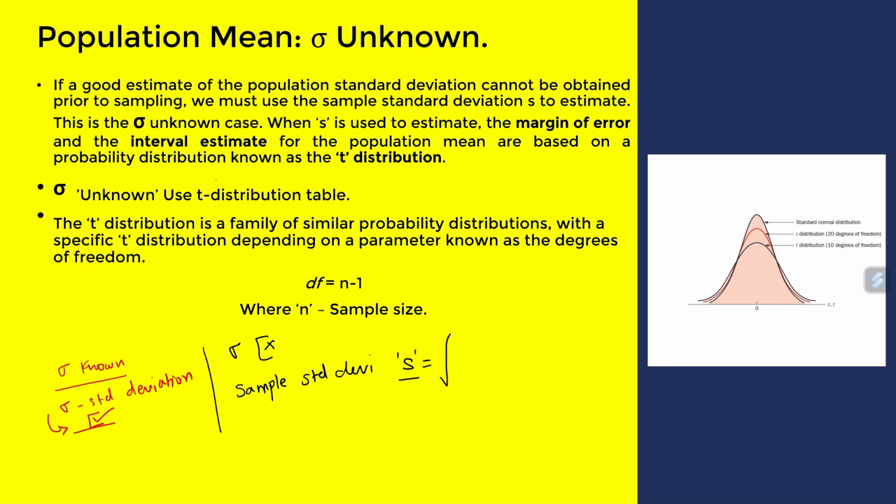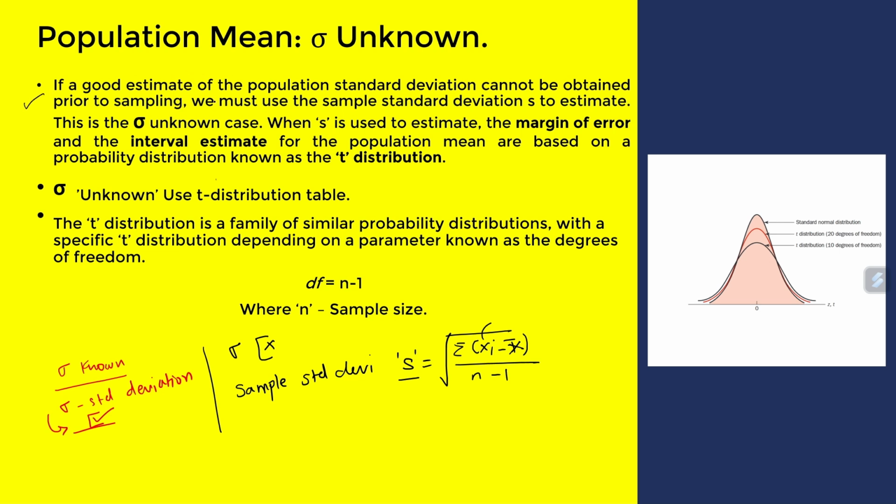We calculate this with the formula: the summation of xi minus x bar, squared, divided by n minus 1. Here x is the observed data, x bar is our average or mean, and n is our sample size, which we subtract by 1. So what is the sigma unknown case?